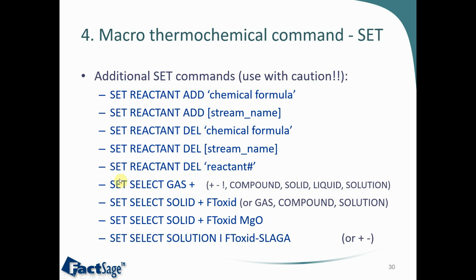So this command here will select all the species or solutions that are available. Here, specifically for the gas, it will select all the gas species available in the equilib file.